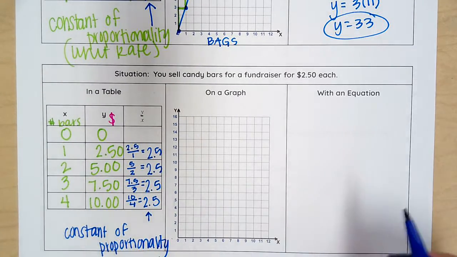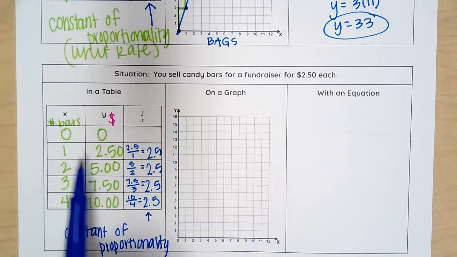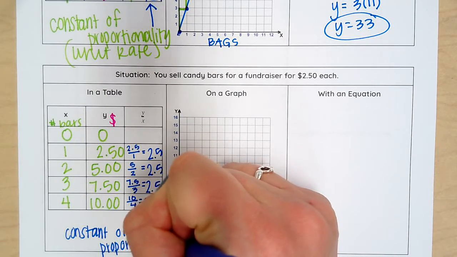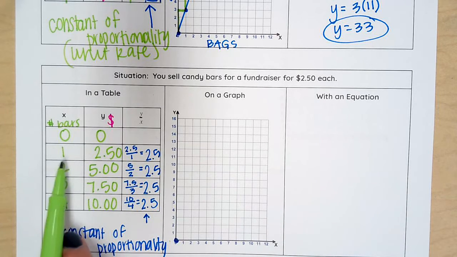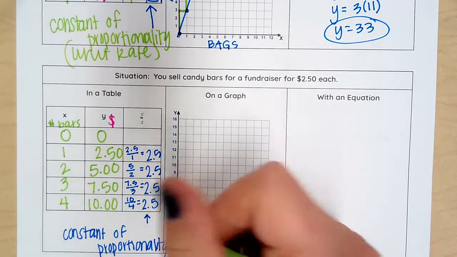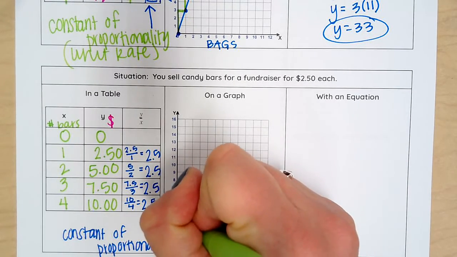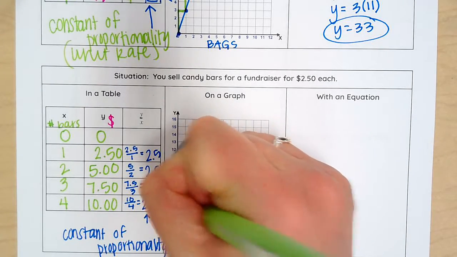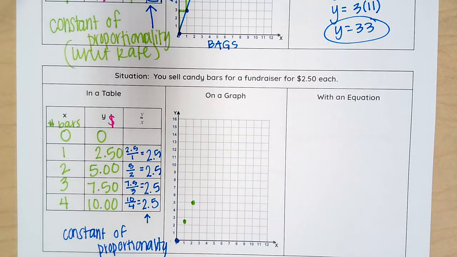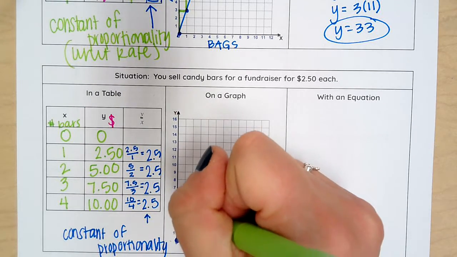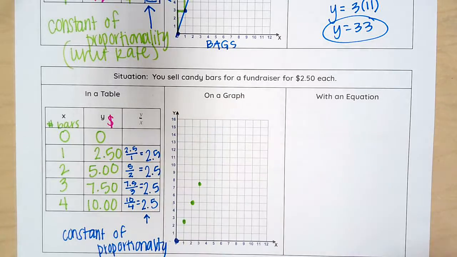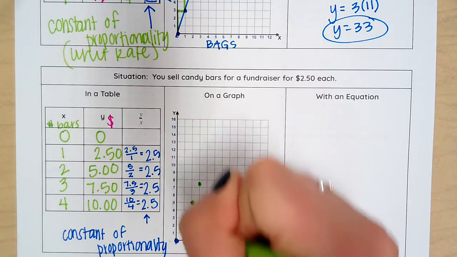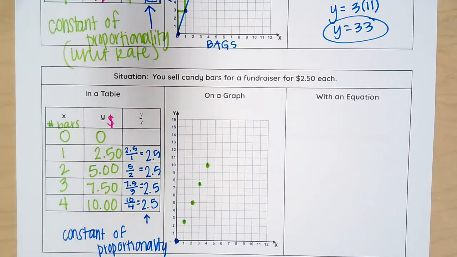And then I can graph it. So I would start at 0, 0. And I would start then with my ordered pairs. 1, and then go up 2.5. Then I go to 2, 5. 3, 7.5. 4, 10, and then I can draw my line.